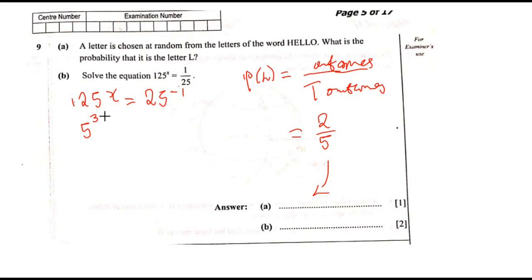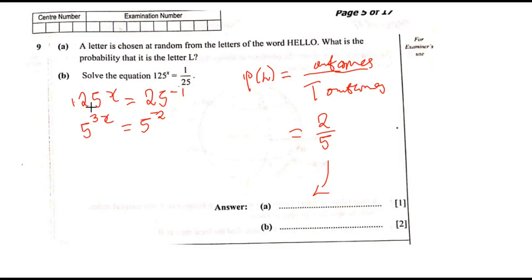And then again, remember we have an x right there, so we can just multiply this 3 with the x, and it becomes 5 to the power 3x. So we say 5 to the power 3x is equal to 25, which can also be written as 5 squared, because 5 times 5 is 25. Then we multiply 2 times this value on top there, which is negative 1, and it becomes negative 2.